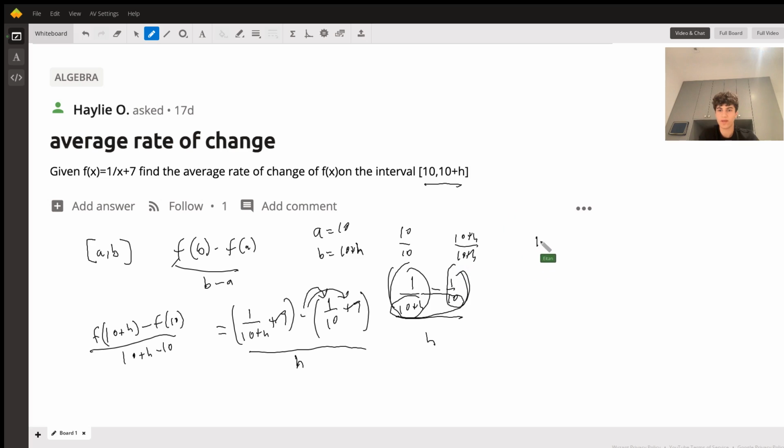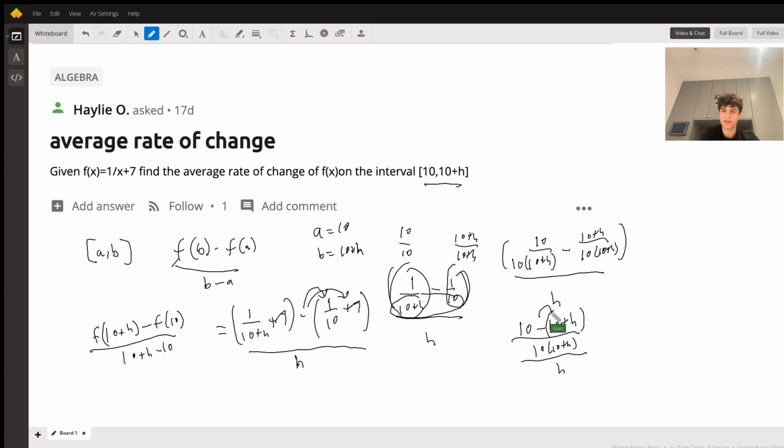So on the left, we have 10 over 10 plus h. On the right, we have 10 plus h over 10 times 10 plus h. And this is actually a 10 times 10 plus h over here as well, all over h, giving us a common denominator, and we can subtract like that, all over 10 times 10 plus h, all over h.